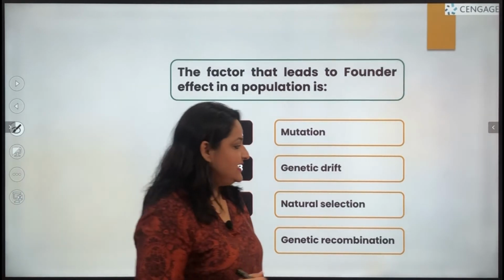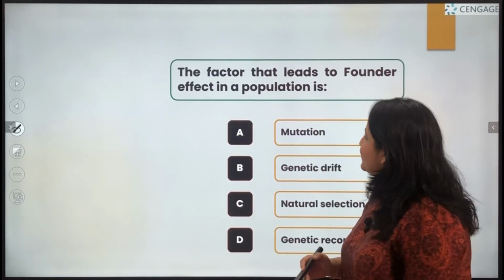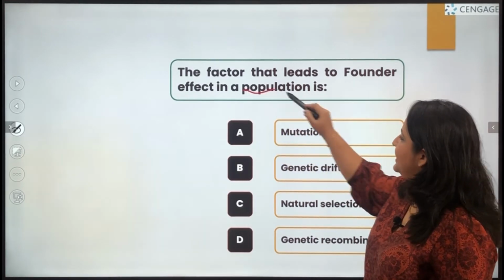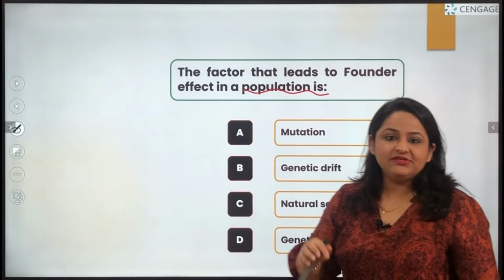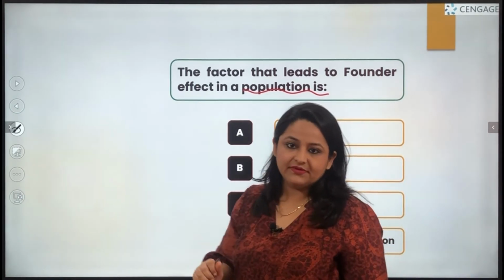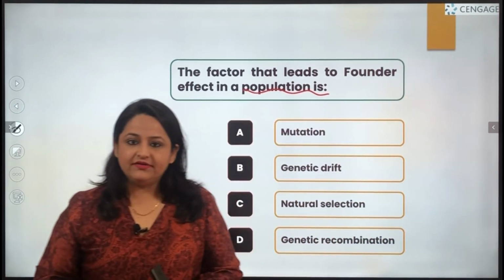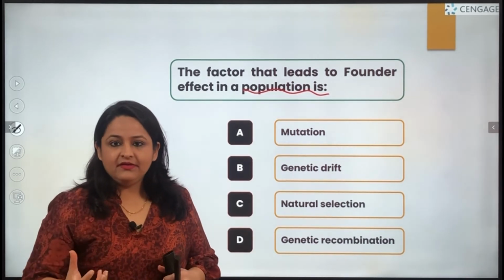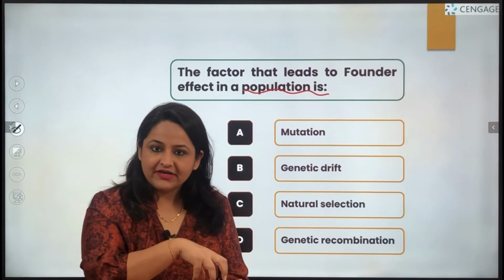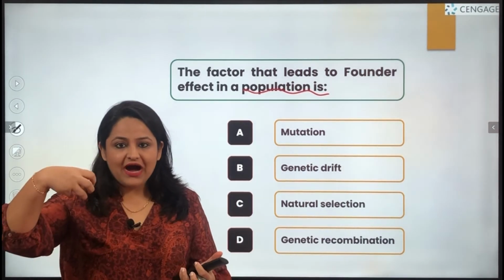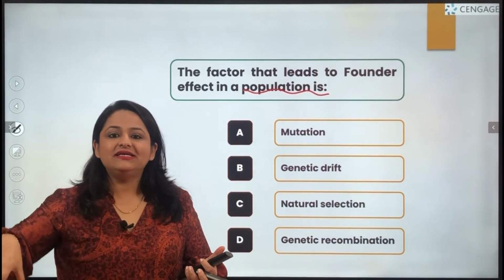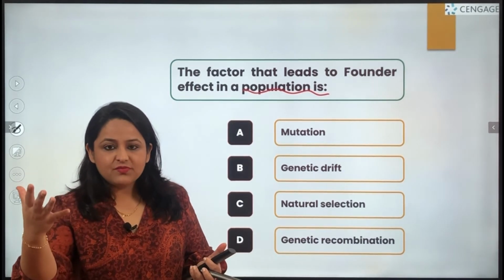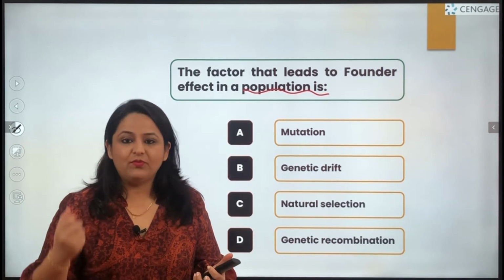Now let's see another question. In this question they are asking the factor that leads to founder effect in a population. So this is a question that has been picked up from the evolution chapter. Now what is founder effect? Founder effect is that type of pattern in which some members of a particular population move out of the population and settle in some new place. There they are going to reproduce among themselves and then increase their population.